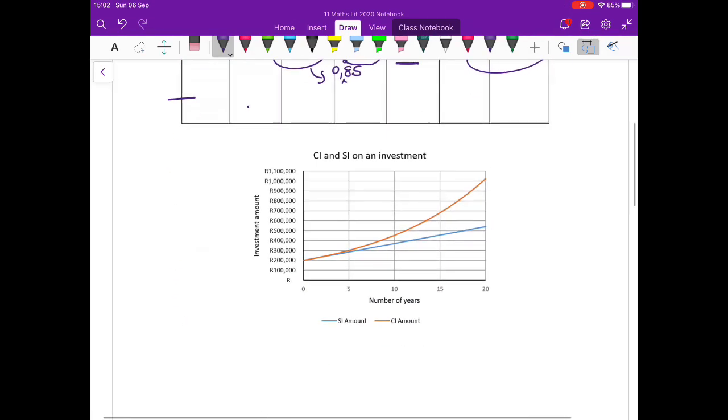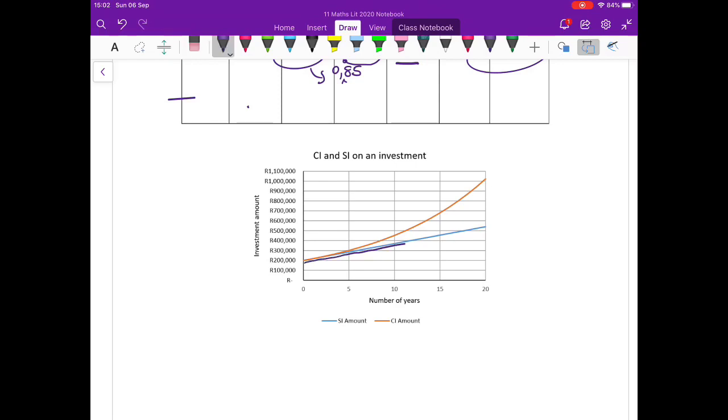So let's have a look at what the graphs look like. Both of them start at 200,000. After 5 years, there's not much difference between the two of them, but have a look in the 20th year, it is nearly double. So this shows us simple interest is a constant difference increase.